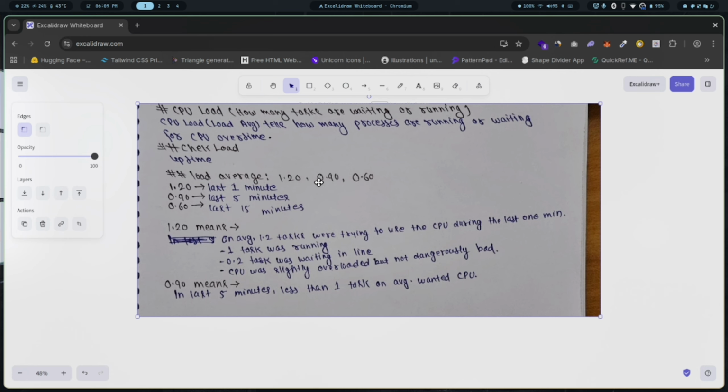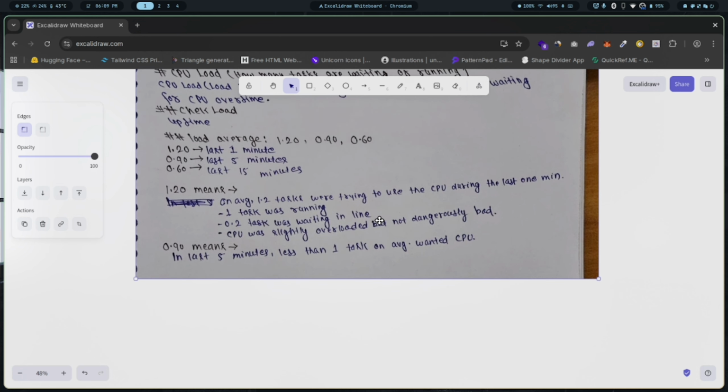And the second value works the same way, but it tells the average of the last 5 minutes. So in the last 5 minutes, 0.99 processes were trying to use the CPU.